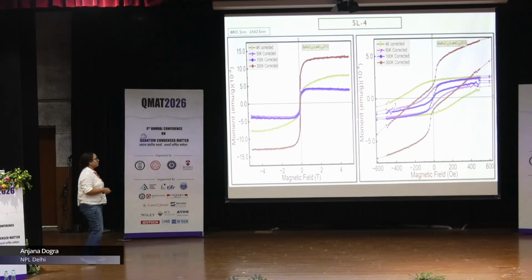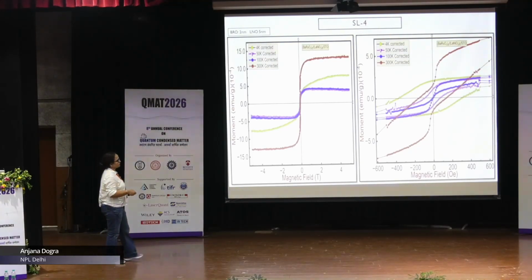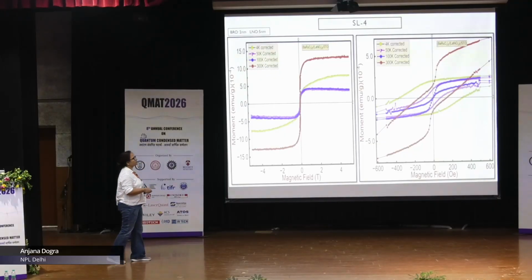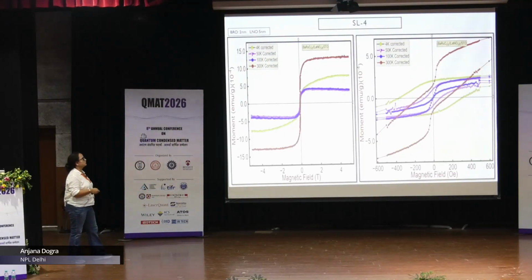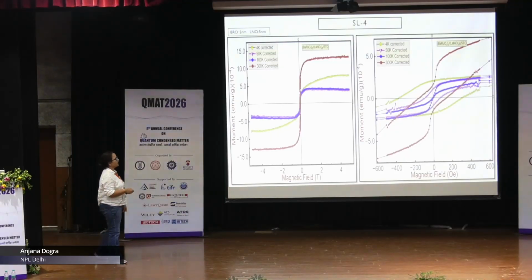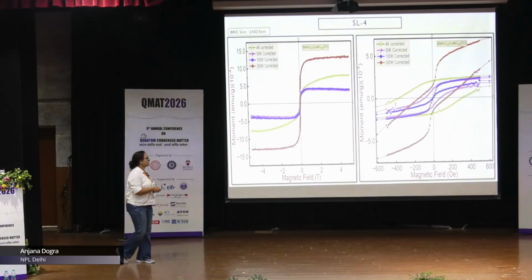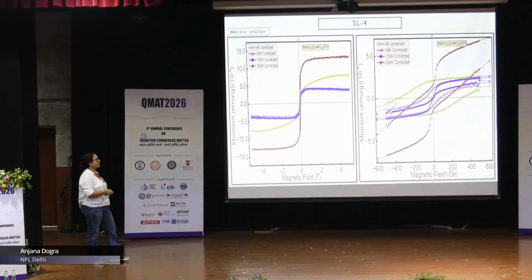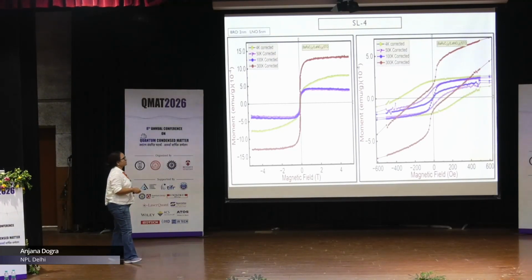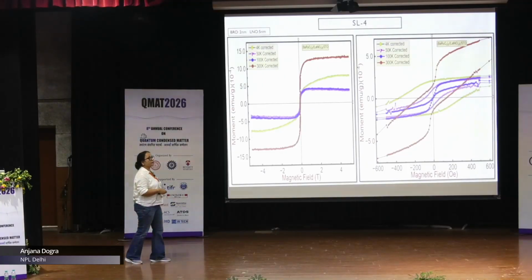Also, a step-like feature is observed in the coercive field, which of course we can correlate to the coercive fields of ruthenium and nickel. So this is easy to understand. However, the crossover which we observed at 300 Kelvin for the earlier superlattice, here we have observed at 100 Kelvin.